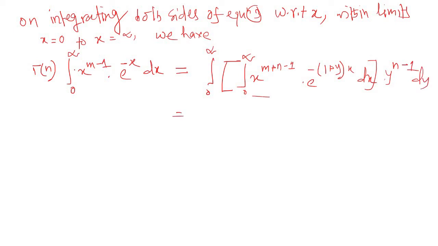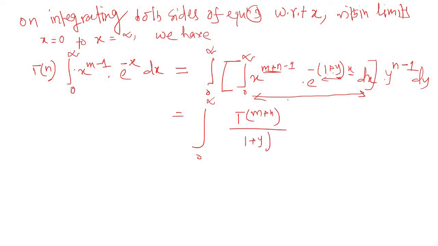In this integral, here x is a variable, 1 plus y is a constant. This integral can be written as integral from 0 to infinity of gamma m plus n over (1 plus y) to the power m plus n into y to the power n minus 1 dy.